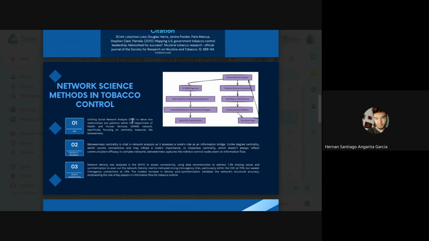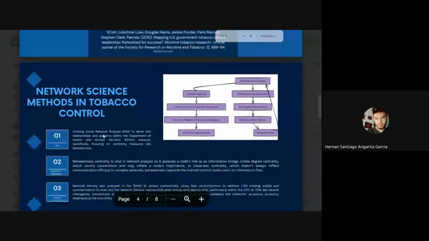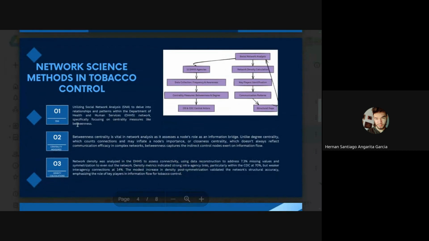Okay, these authors are using this technique with surveys that look for relations between the people who work in these agencies, like mails, messages, and meetings between them.